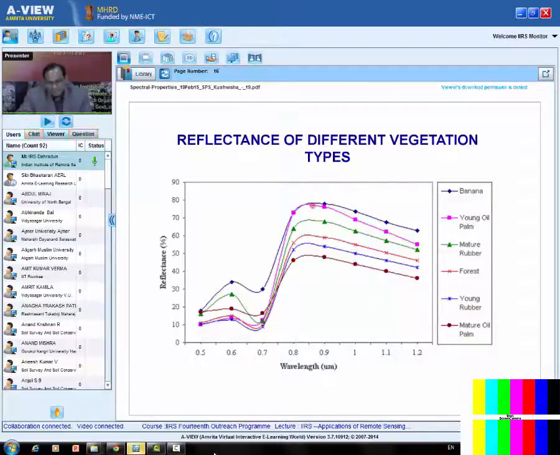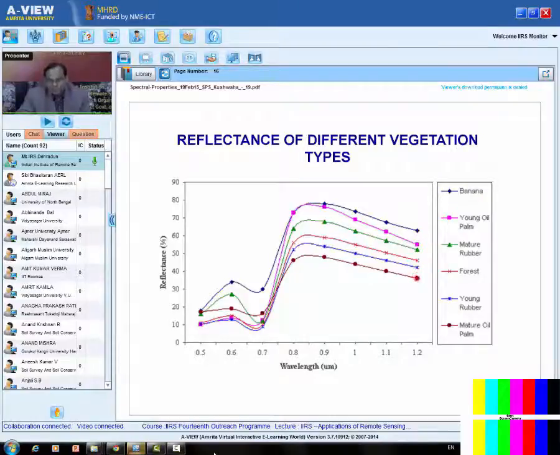This is the reason why we are able to differentiate different vegetation types. For example, mature palm will not have an overlapping signature with the forest area, and forest area will not have an overlapping signature with the banana, and so on and so forth.